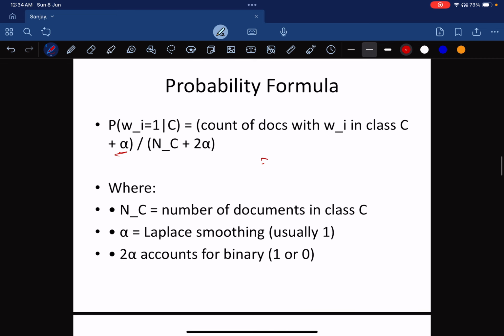The formula will look like this: in the numerator, the frequency of the word in the class C plus this alpha, called Laplace smoothing. Usually this value is 1. And in the denominator, the NC. The NC is nothing but the number of documents in the class C.